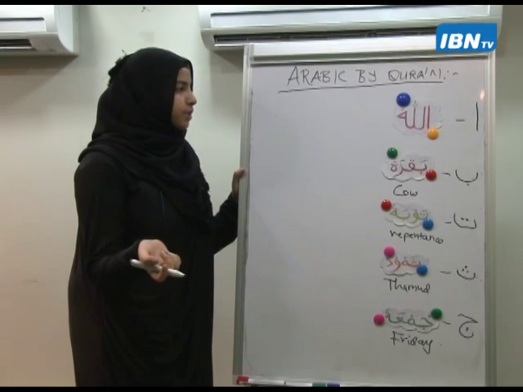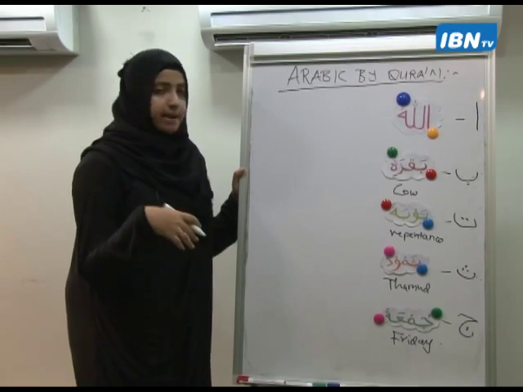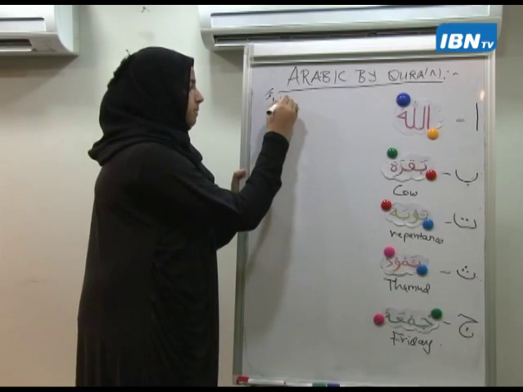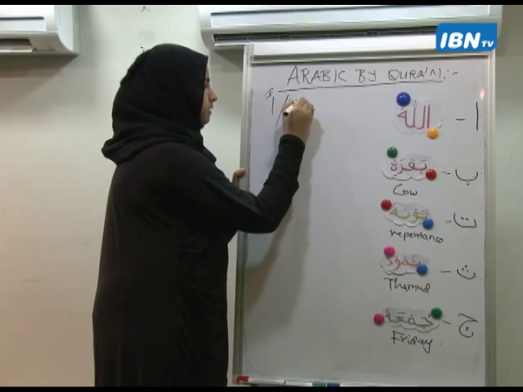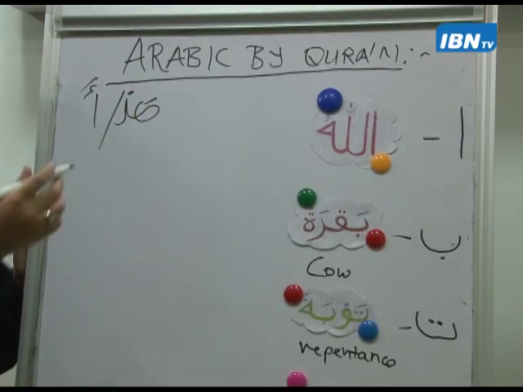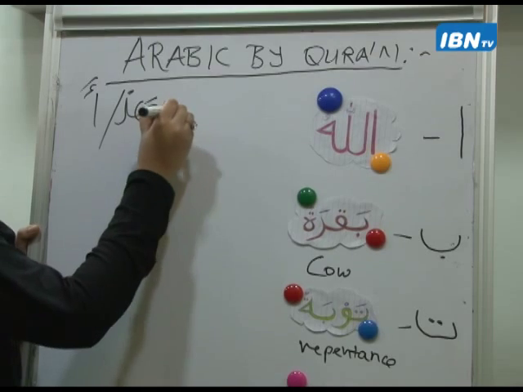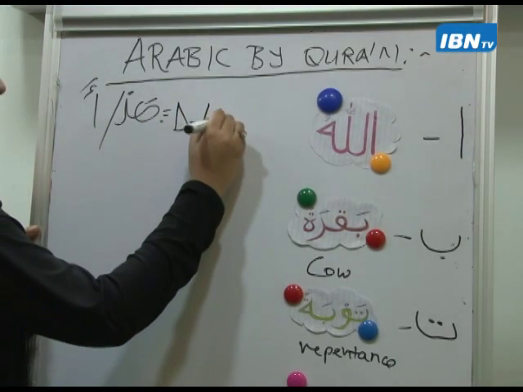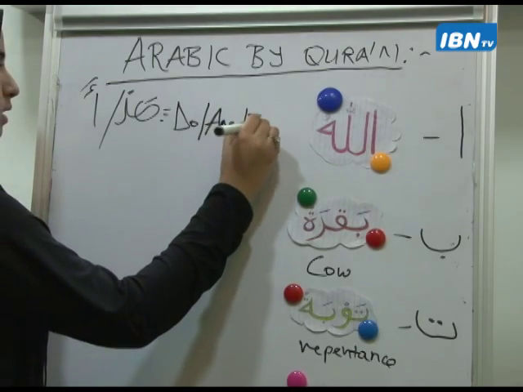Now, let me just refresh your memory: a or hal. We said a or hal means, you can either say it means do, it means are, it means is, okay?